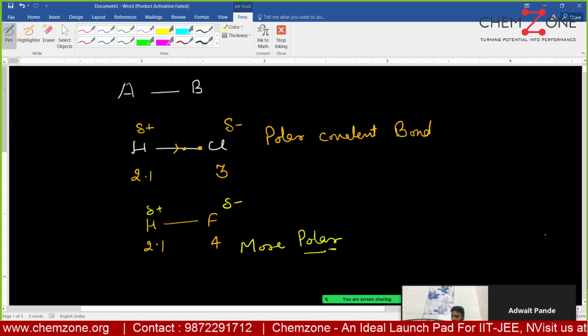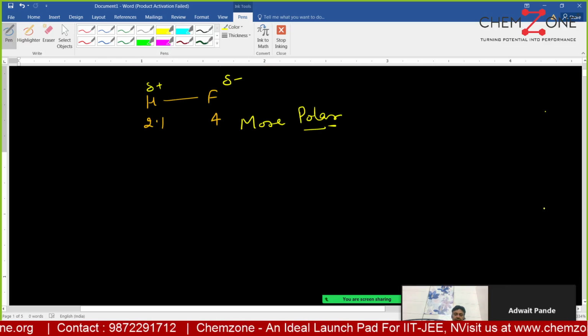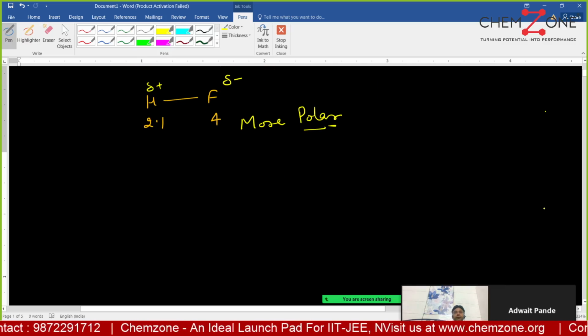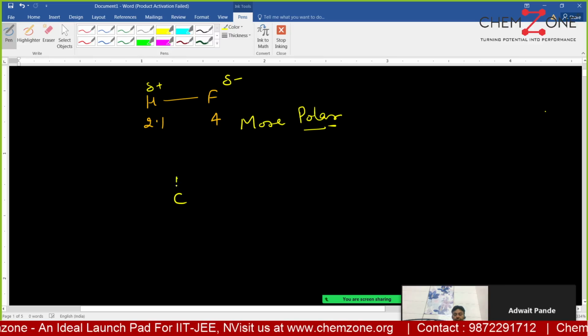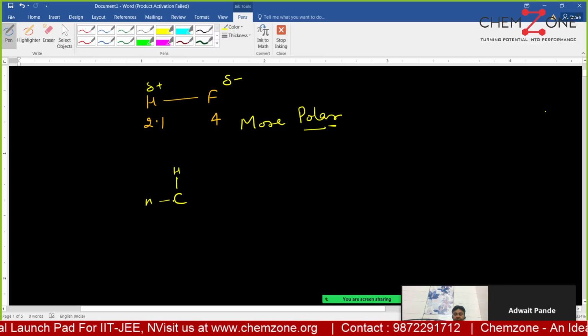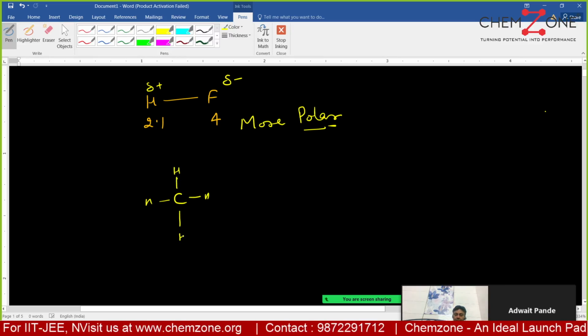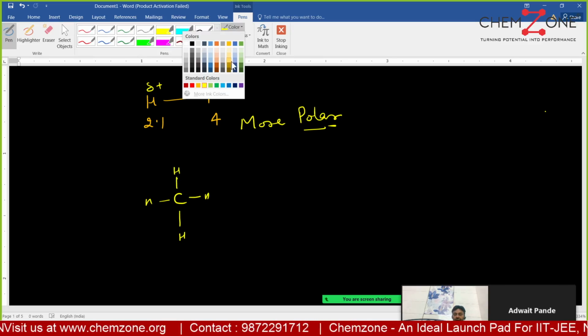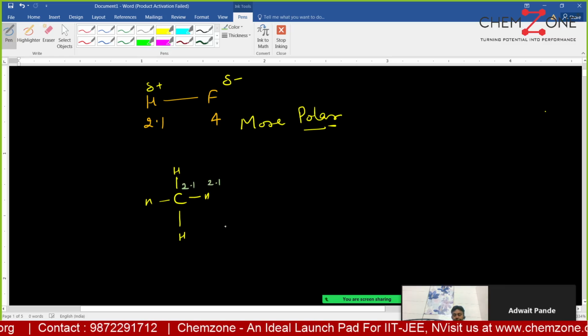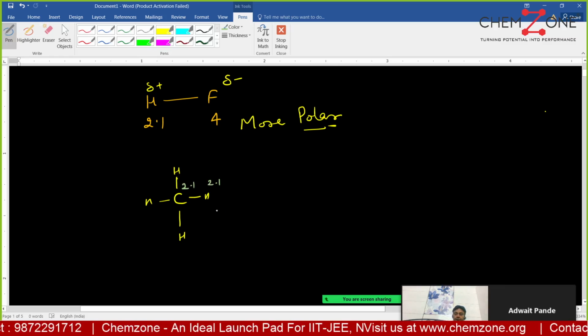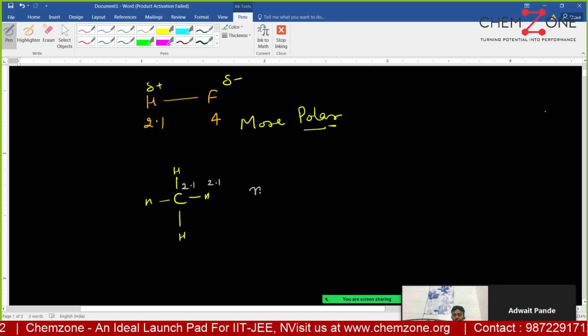So there should be some difference in the electronegativity. But if I talk about the methane molecule, the electronegativity of carbon and hydrogen is the same. There is no difference. So this molecule is non-polar.